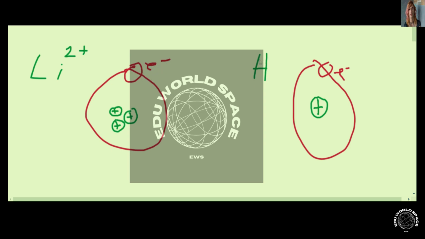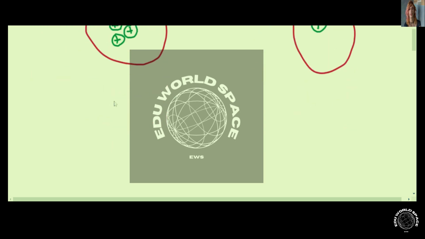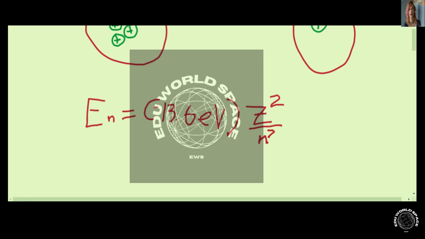So we can use the equation that we used to solve for the energy levels in our hydrogen atom, because there's enough similarities and because all of the calculations we did to make that equation also apply for our lithium atom. That equation is E sub n, our energy level, equals negative 13.6 electron volts multiplied by Z squared divided by n squared.